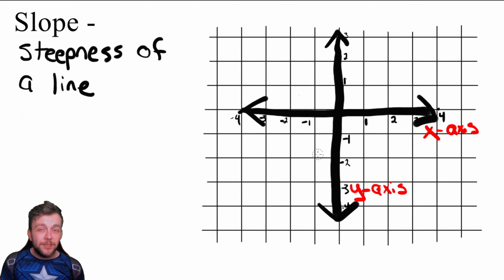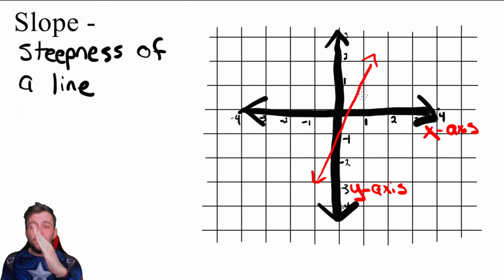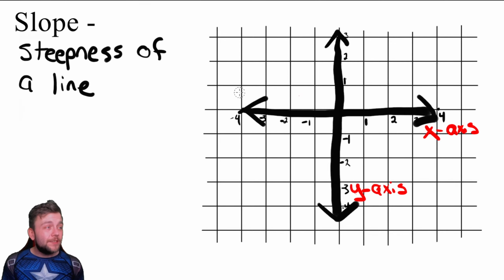That steepness of the line increases the more vertical the line is. So the closer you get to vertical, the higher that slope is. Let's clear that off.